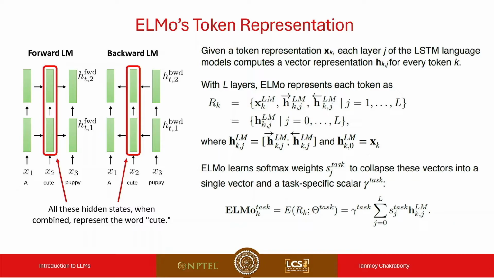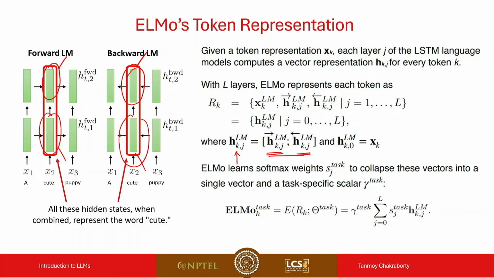Look at here. This is, I think, a better way to represent it. So for every token k, you got one representation from the forward layer and one representation from the backward layer, right? Either you just concatenate them. So what they argued is that instead of taking this embedding, this embedding, this embedding, and this embedding, instead of taking 4 embeddings for a particular token, we will only use the top layers, not the bottom layers.